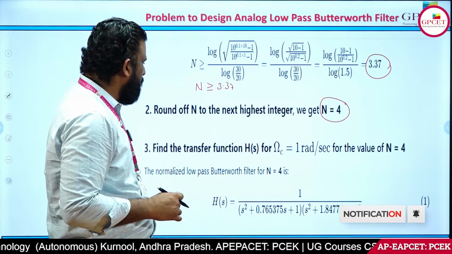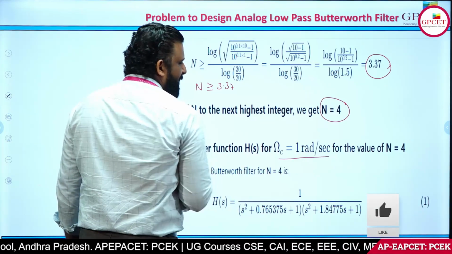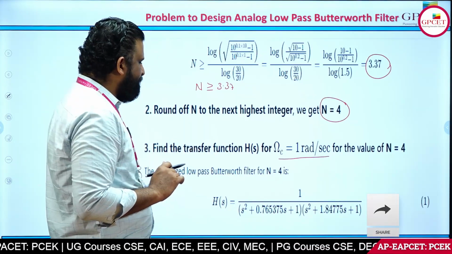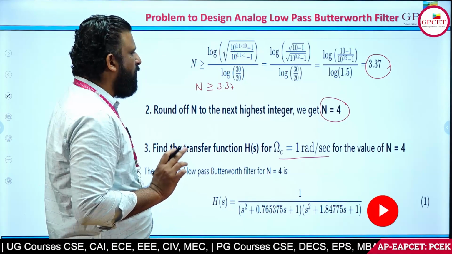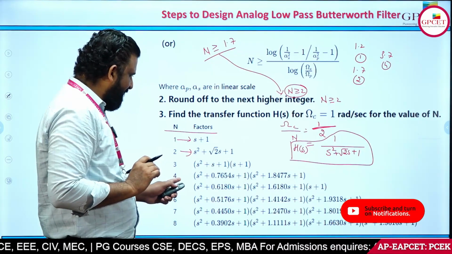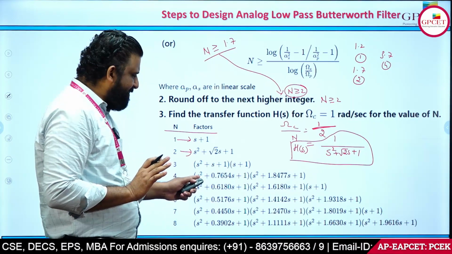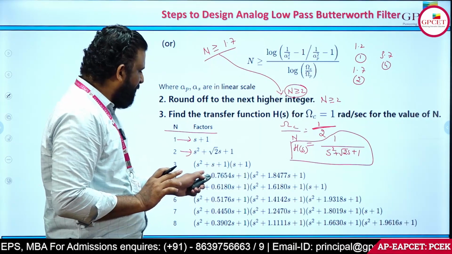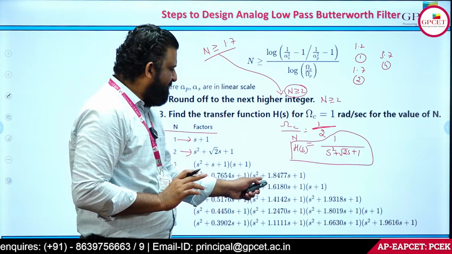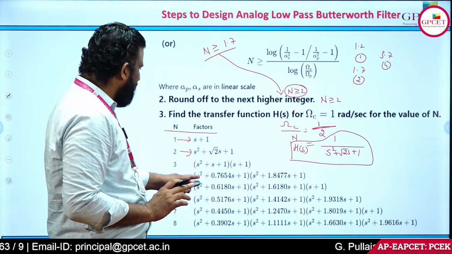In the third step, what am I going to do? We are finding the transfer function with omega c equal to 1 radian per second for the value N equal to 4. I told you we have a tabular column, and whatever value we get, we have to consider those factors. Now we got N equal to 4, so we need to consider s square plus 0.7654 s plus 1 into s square plus 1.8477 s plus 1. Which factors do I need to consider?